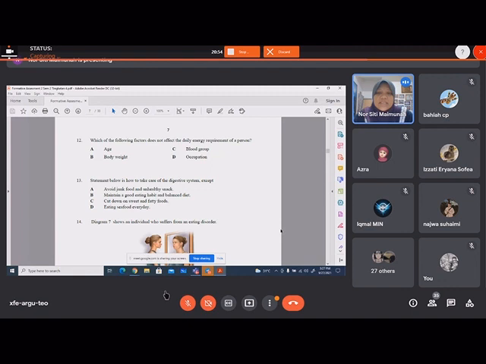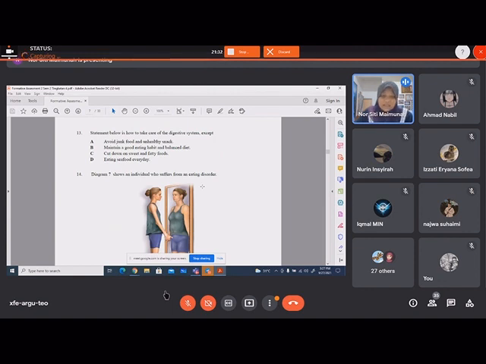The body weight: the person with a small amount of body weight has a higher metabolic rate, so they need more energy. The occupation: the person that carries out heavy, vigorous work needs more energy. Faktor lagi satu apa? Umur, berat, occupation, lagi satu apa? Gender. Okay, sex. Between male and female, male needs more energy than female, because the metabolic rate in the body is higher than female. So the blood group does not affect the energy requirements.